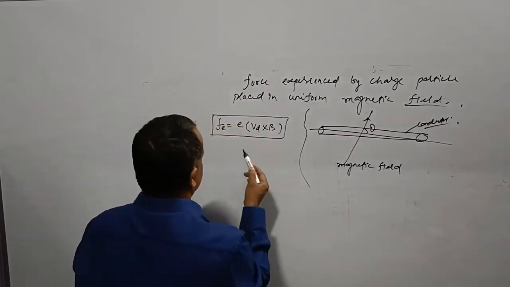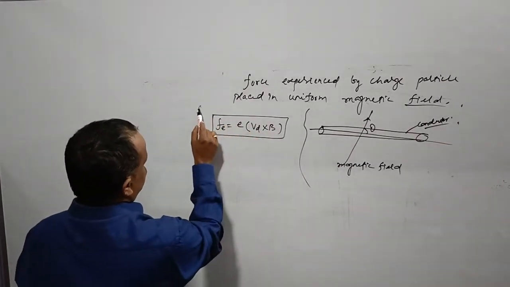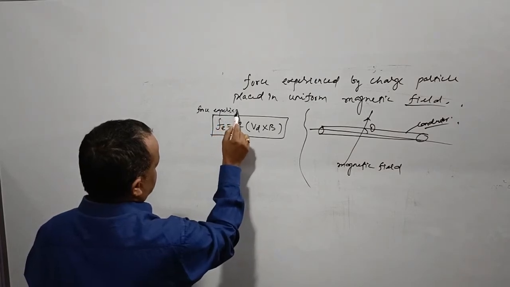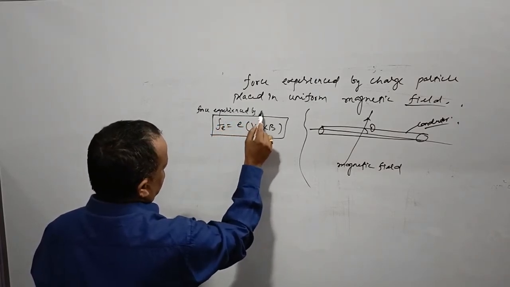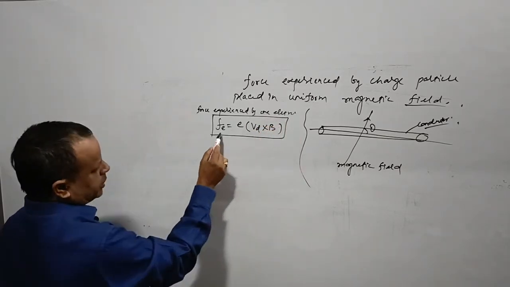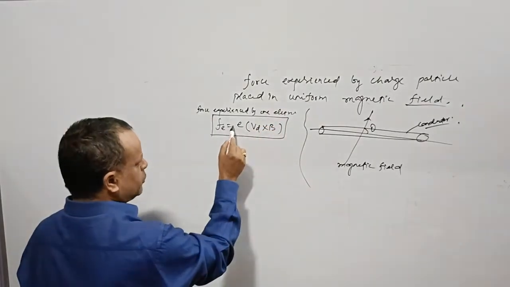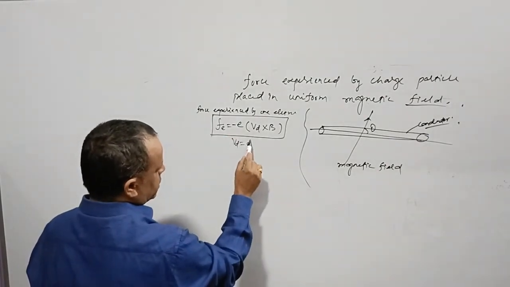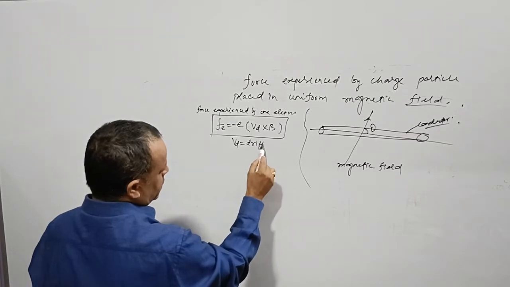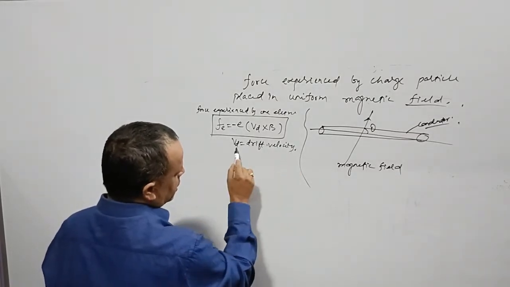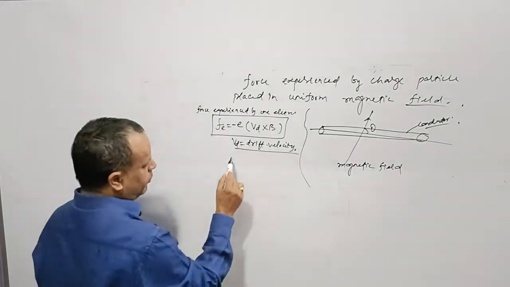First, the force experienced by one electron in a conductor. This is the charge on one electron; we can write minus e over here. Vd is basically the drift velocity, the average velocity with which an electron is moving inside a conductor. B is the strength of the magnetic field.